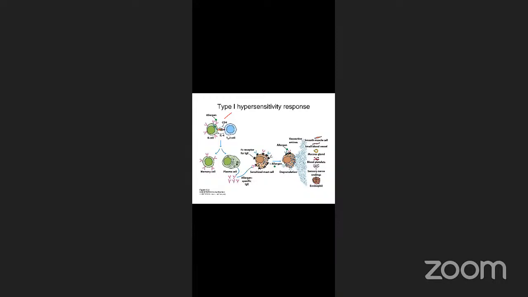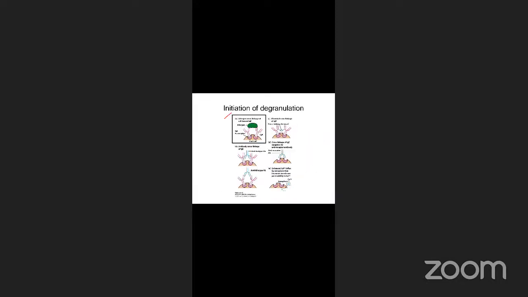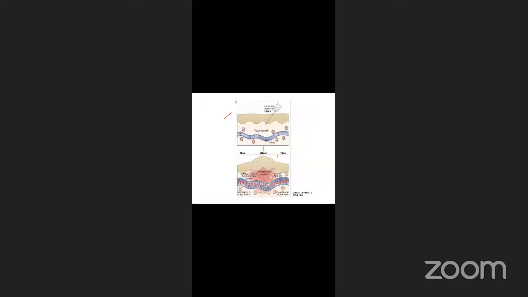When these pharmacological ingredients bind to them, different reactions take place, increasing vascular permeability and platelet aggregation. This is how the type 1 hypersensitivity reaction affects the tissue.